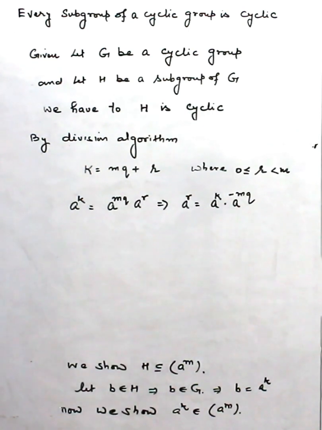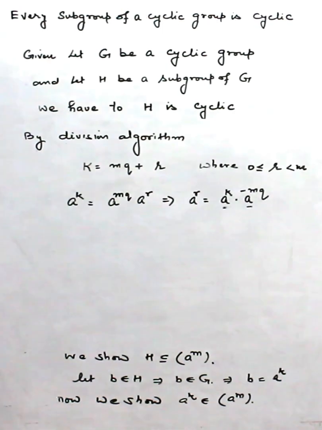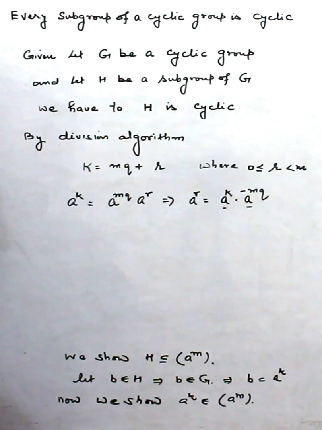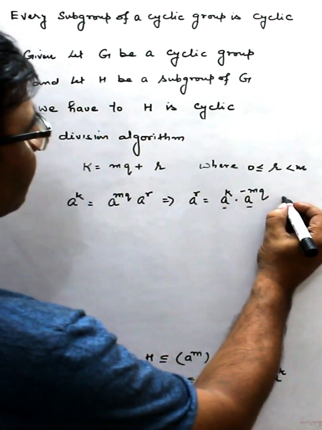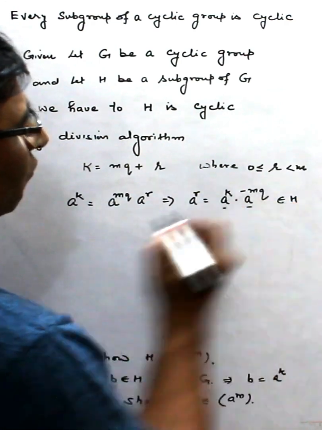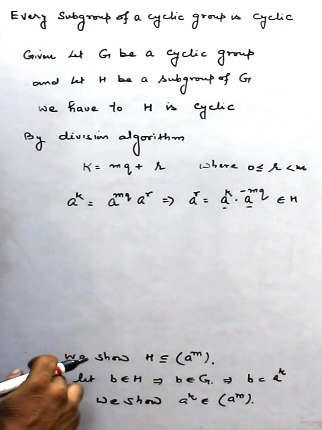We have to show somehow that r is equal to 0. So how can we show this? We say that this element belongs to H. Why? This is the question.